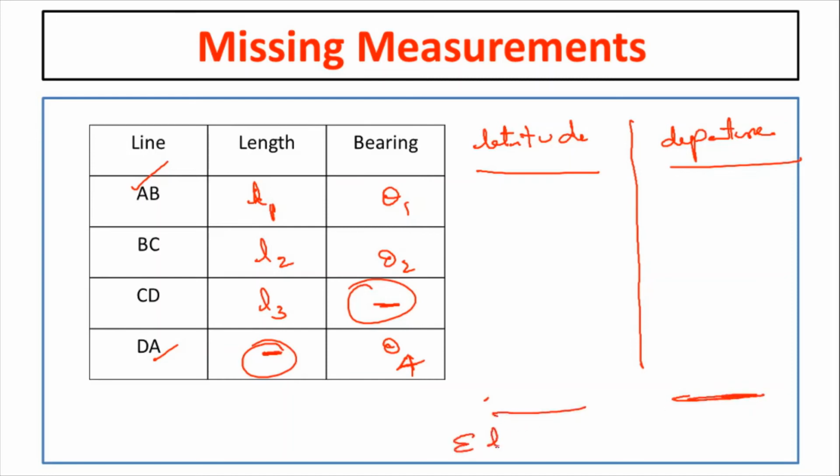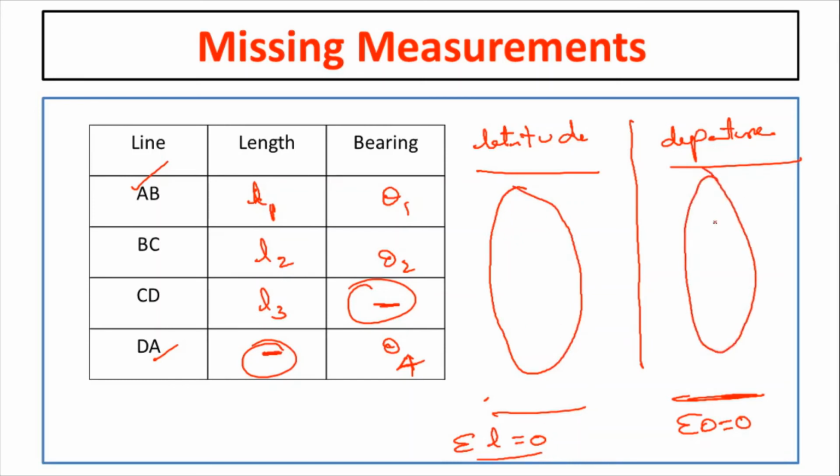But you know that sigma L equal to 0 and sigma D equal to 0. Whatever these four values are there, the sum of them should be equal to 0. So now you have two unknowns and two equations, so you can determine the missing two measurements here.